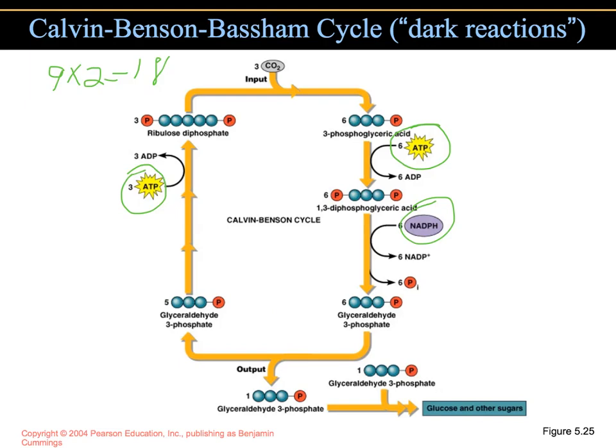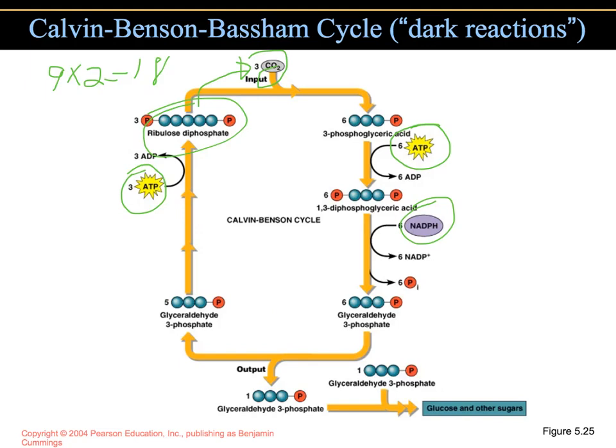In the first step, 3 carbon dioxide molecules from the air are attached to 3 5-carbon ribulose diphosphate here. This is a cycle. So this material will join with the 3 carbon dioxides coming in.